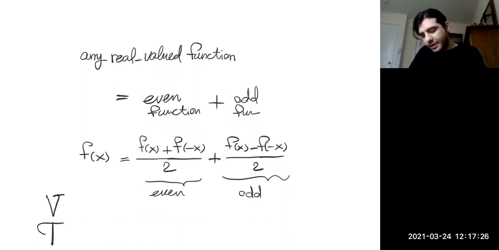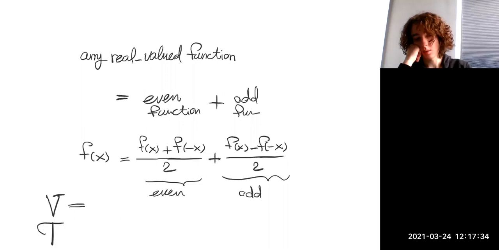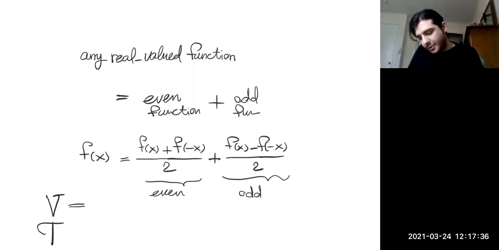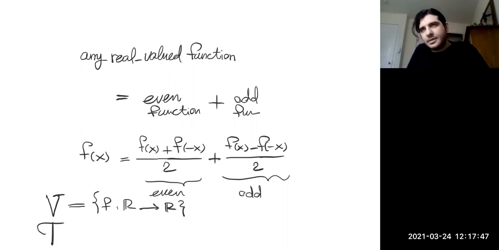So what is the vector space V here? What should be the vector space V? Can you tell me? Space of all functions R to R. That is correct. Exactly, the set of functions from R to R. And what would be the linear map T?